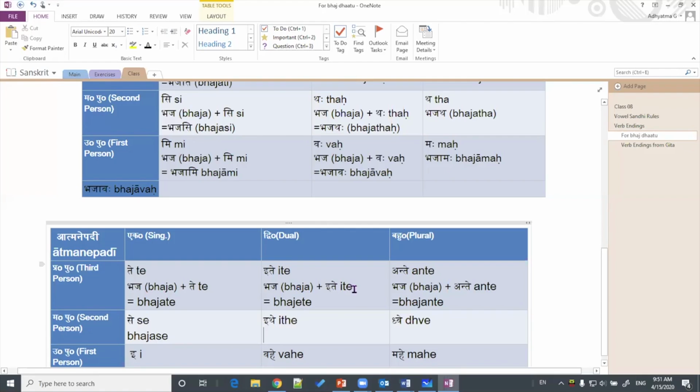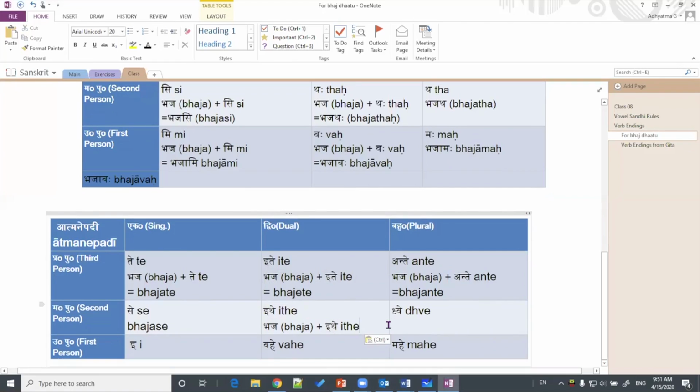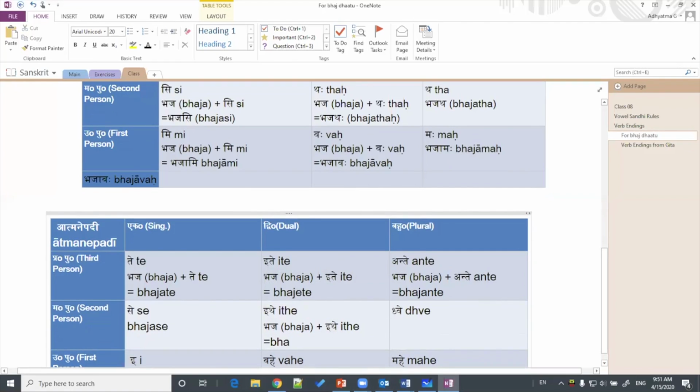Here it would become, it is a very similar kind of suffix here, ite, ithe, and it becomes bhajethe. Akara, same, akara, ikara becomes ekara. And this will become, so this actually has no difference, you just add the suffix here.